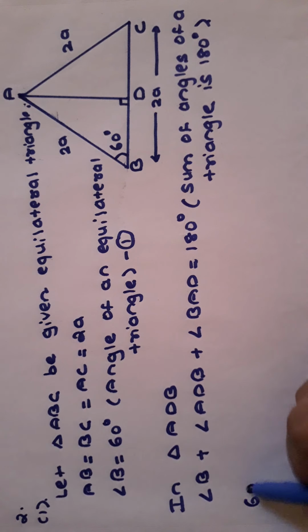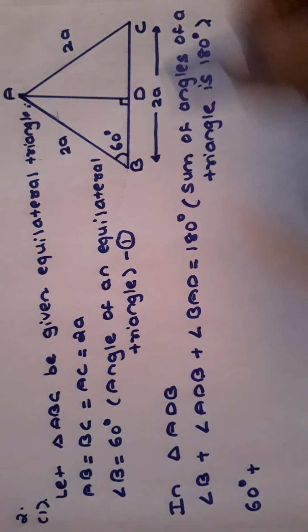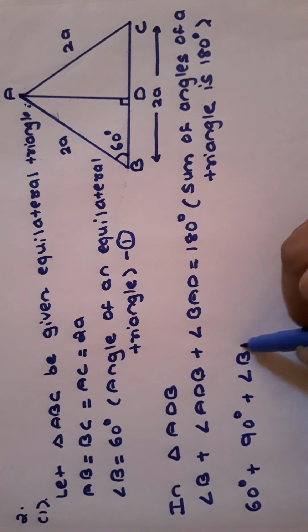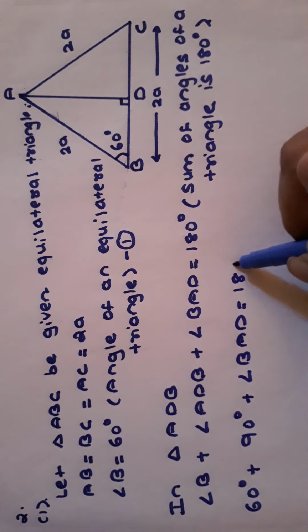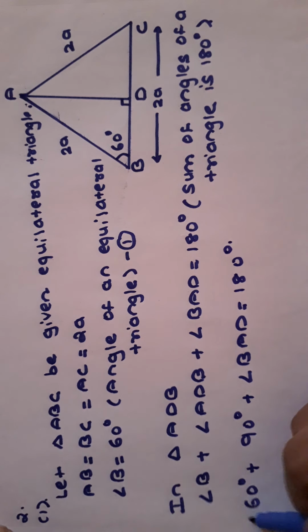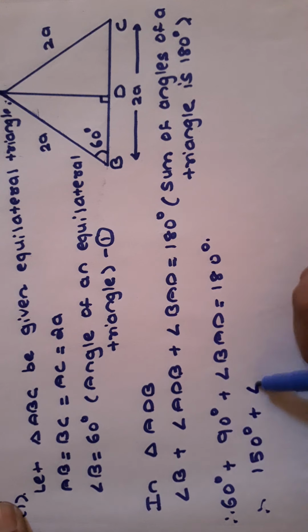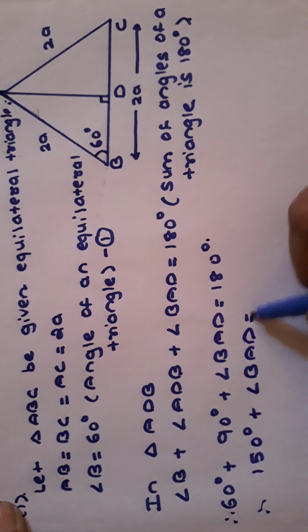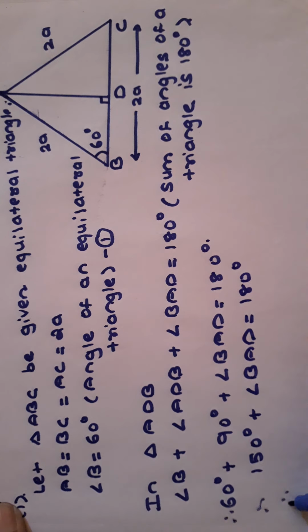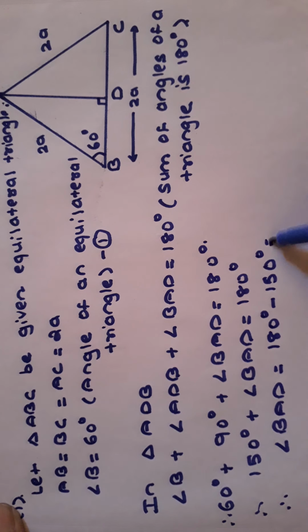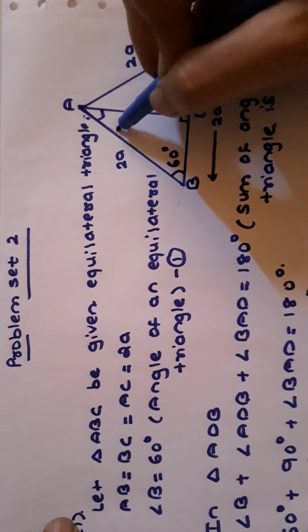Angle B is 60 degree, angle ADB is 90, therefore 150 degree, so that means BAD is 30 degree.